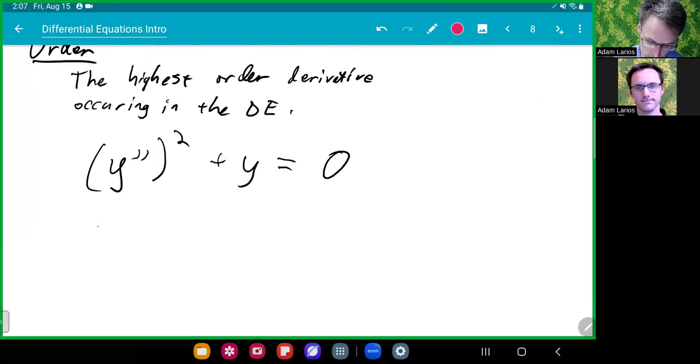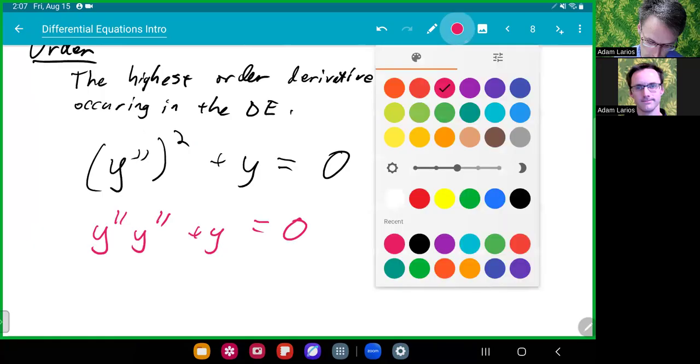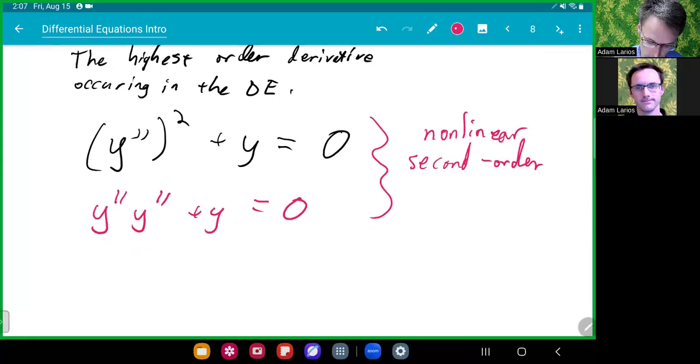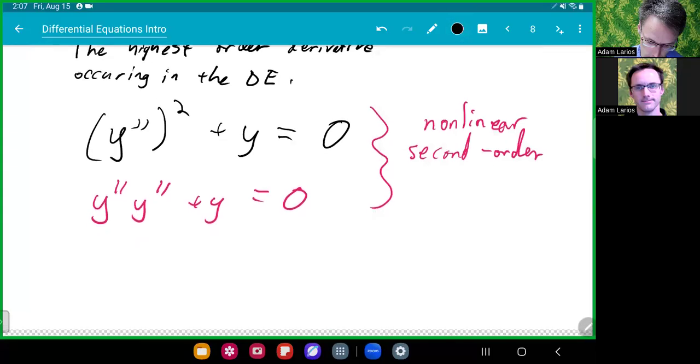Well, no, because this just means y double prime times y double prime plus y is equal to 0. The highest order derivative here is the second order derivative, right? So this is second order. And of course, it's nonlinear. All right. Okay. Now notice we sometimes have a t showing up, sometimes we do not.